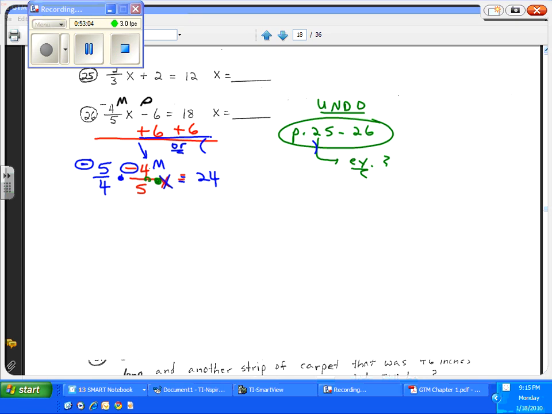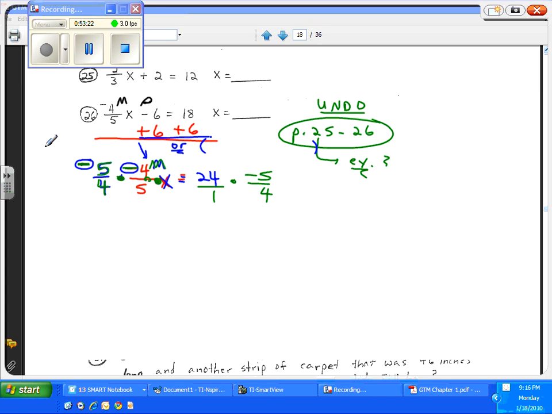So we're going to undo multiplication by division or multiply by the reciprocal, remembering that when you have the reciprocal, you use the same sign, and if it's negative, you put it on the top. And so we're going to multiply by negative 5/4.